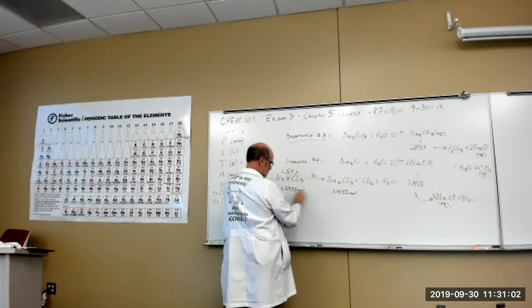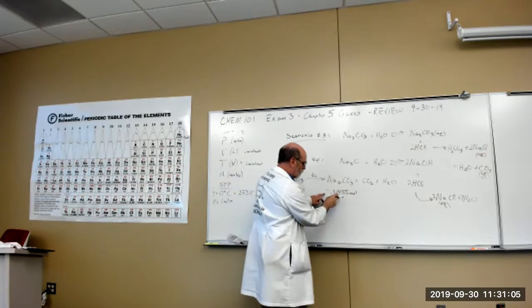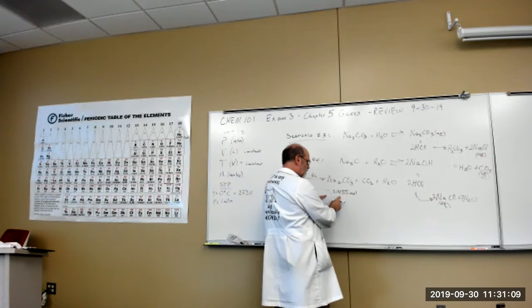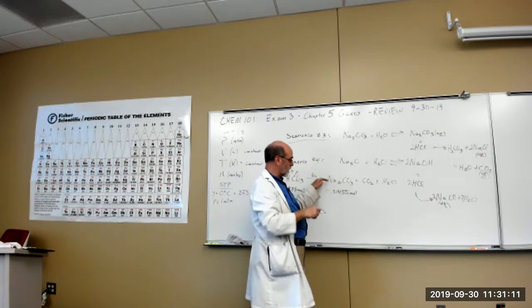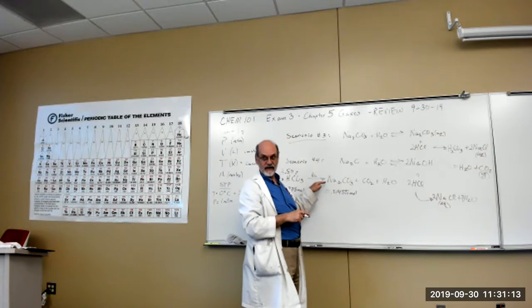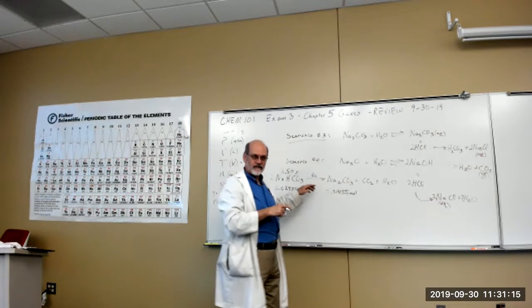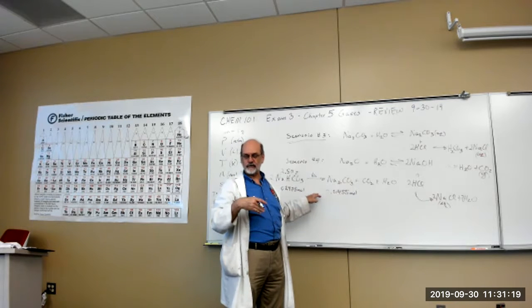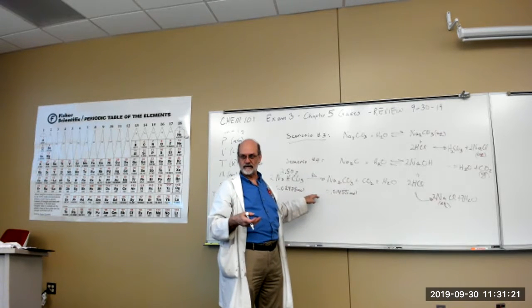So now that you know moles here, your argument is that if I convert this back to grams of this compound using its molar mass, then I should get a value that's close to the weight that I got after the decomposition.